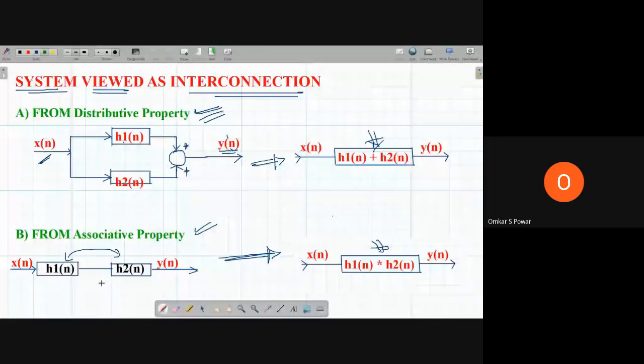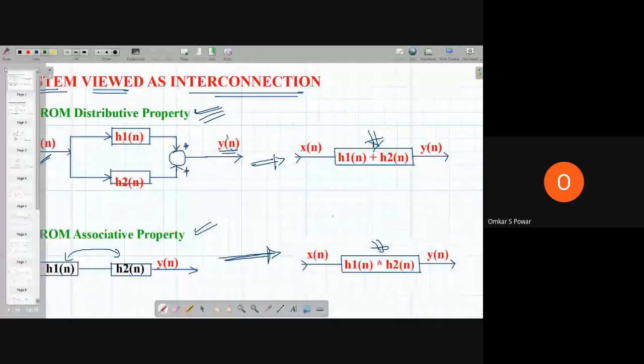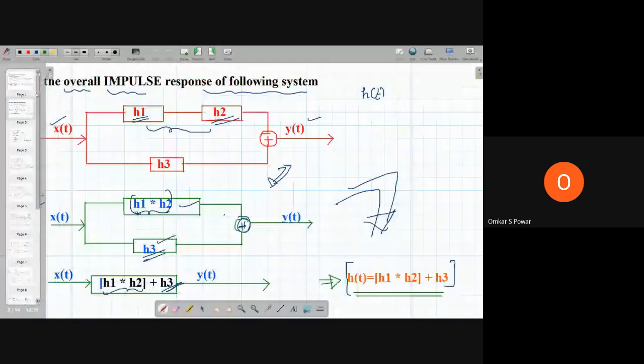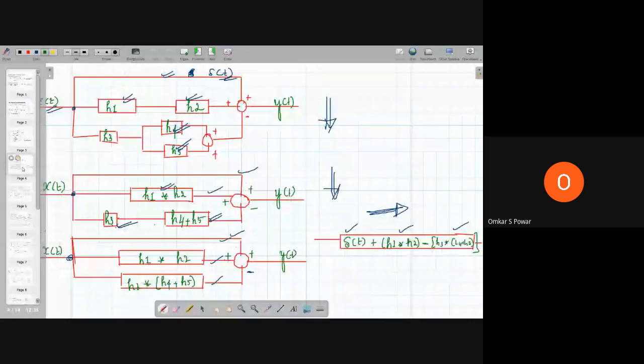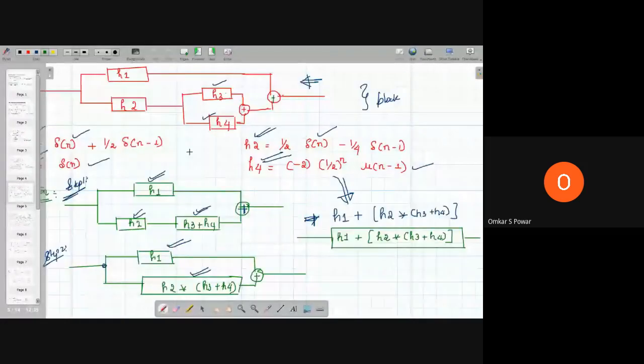Then we saw some problems, first without giving the values for H1, H2, and H3, and then with values for H1, H2, H3, and H4. The main motive behind solving these problems is to simplify the block diagram and then substitute the values.